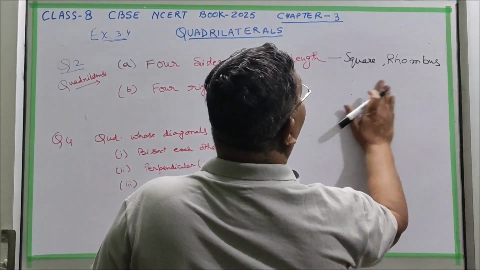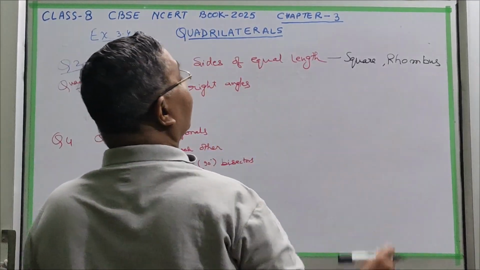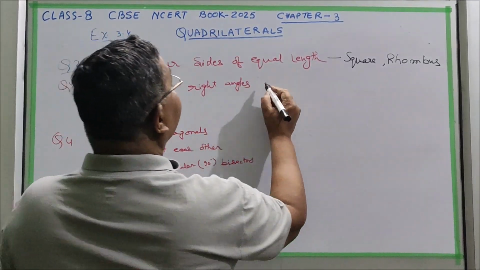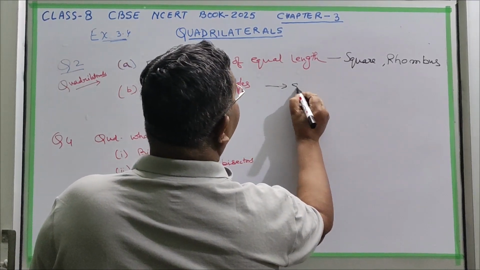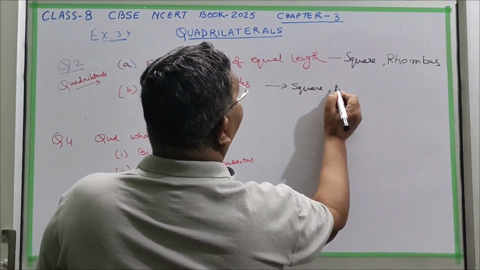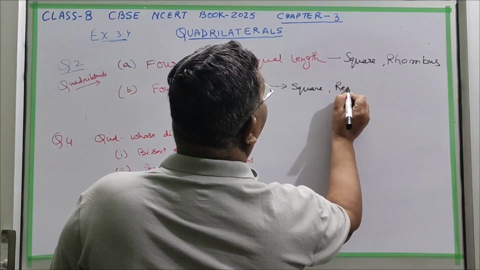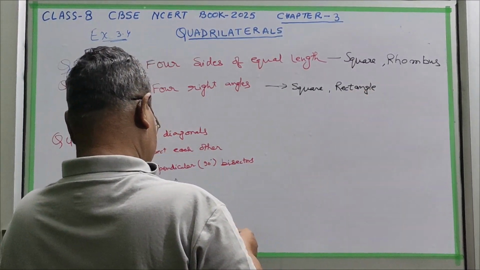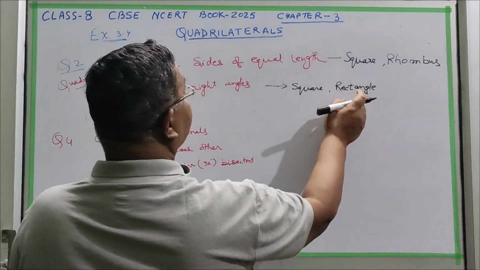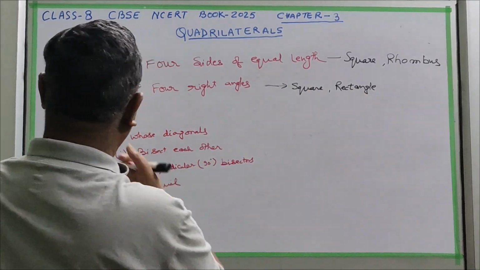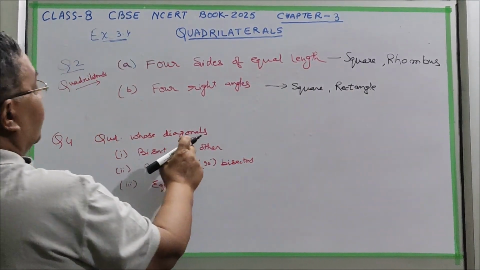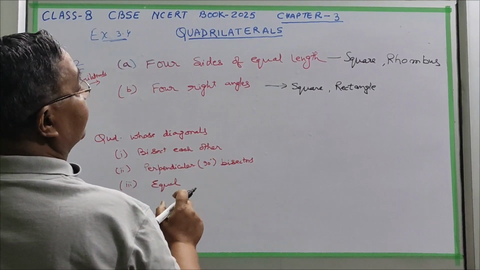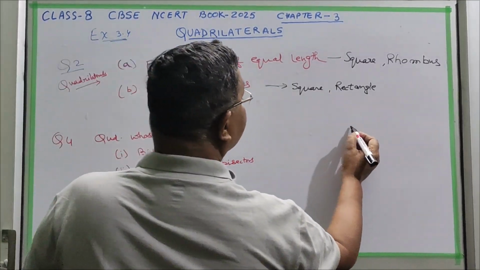So this is the first question, on equal length. Four right angles are there in a square. Then a rectangle. This is your answer.